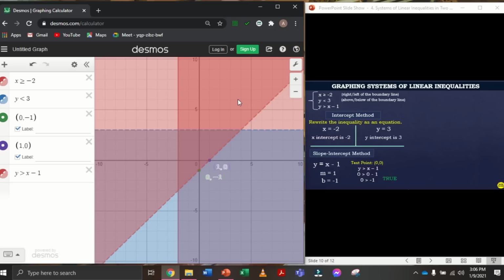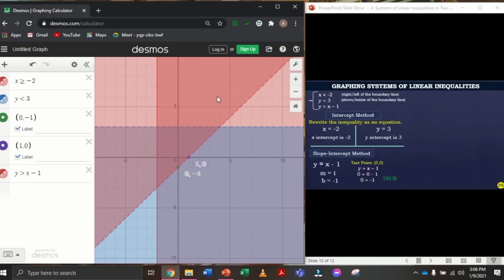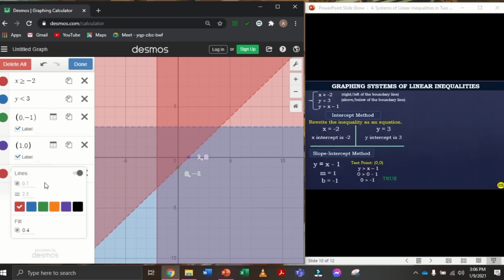Now, kung mapapansin nyo, kapag tatlo ang inequalities, ibig sabihin tatlo ang graph mo dyan. Itong pink shade, ito yung graph ng first inequality. Etong blue shade sa baba, ito yung graph ng second inequality. At itong nakapa-diagonal natin, pataas, sige, palitan natin ito ng kulay para makita natin yung pagkakaiba ng kulay nila. So, gawin natin siyang purple or black.